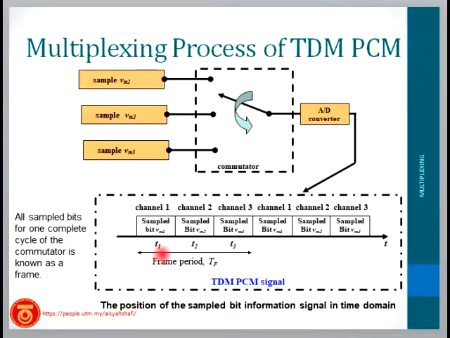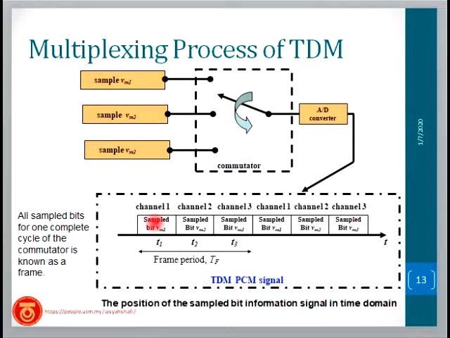Okay, let's proceed with the process of multiplexing TDM. So in TDM, we have the signals VM1, VM2 and VM3, and in this sample the signal is the PAM signal.